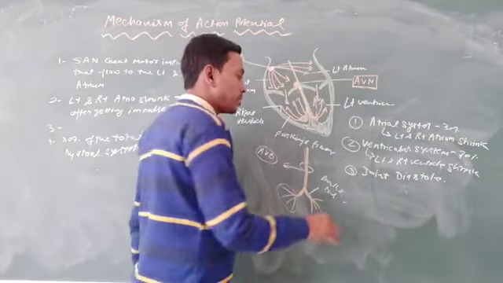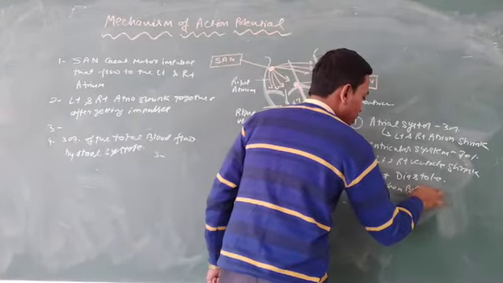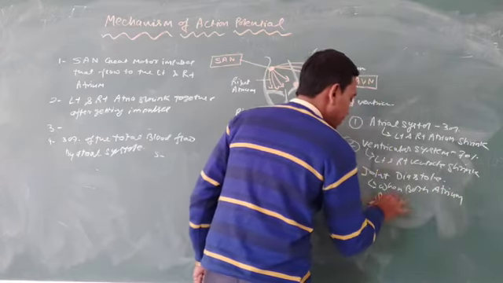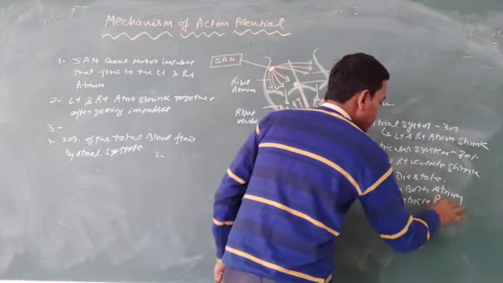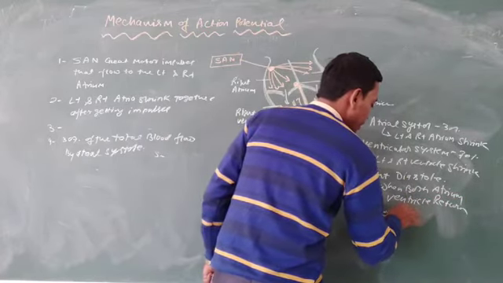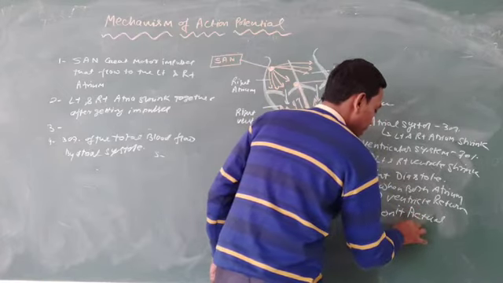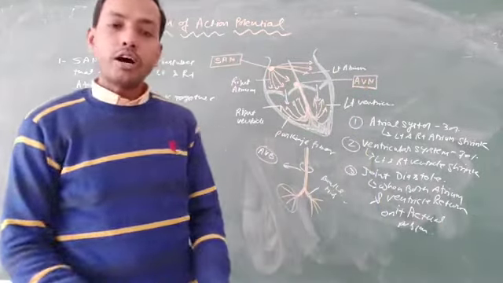Joint diastole means when both atrium and ventricle return to their actual position.